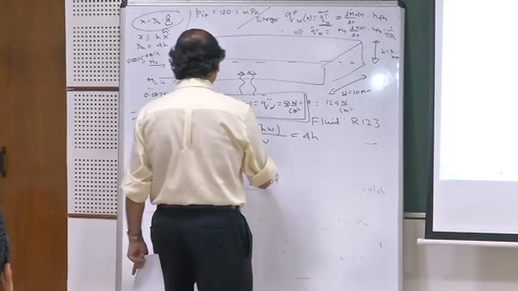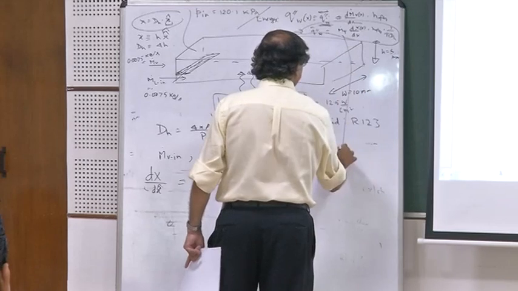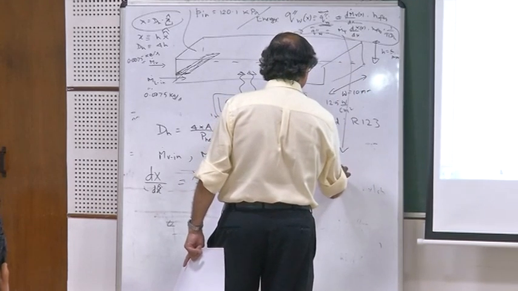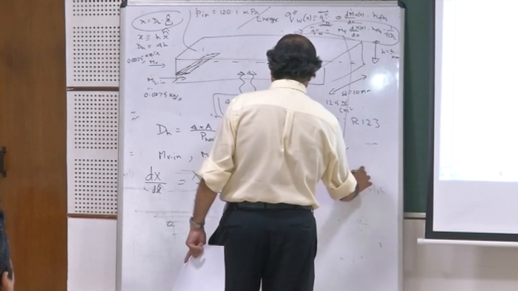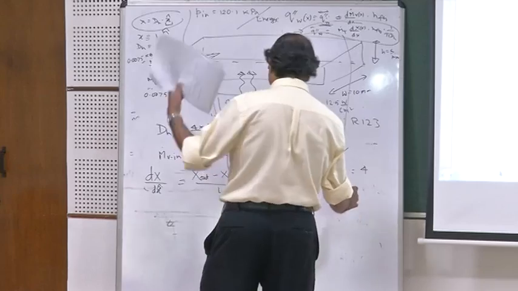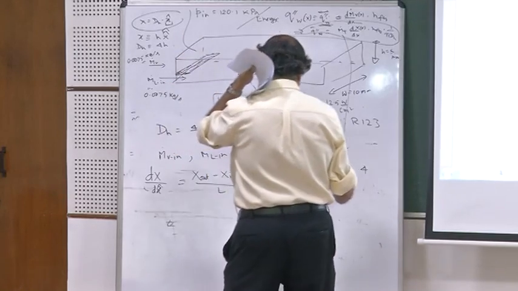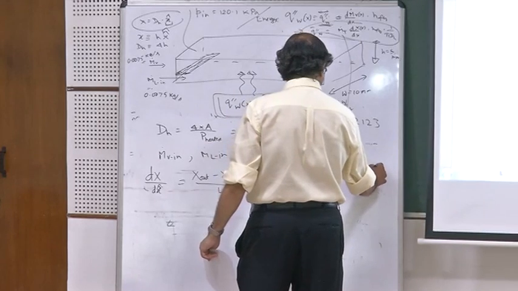See, this equation was giving you dx caret equal to 4 times the boiling number.